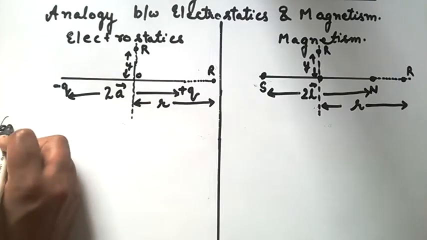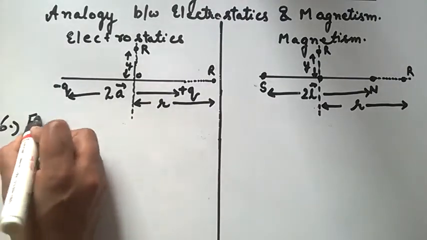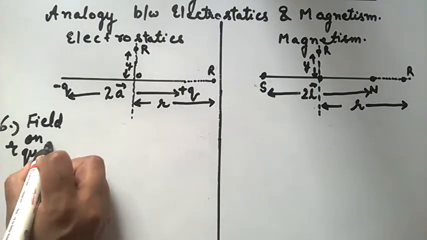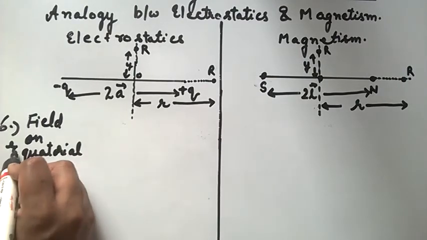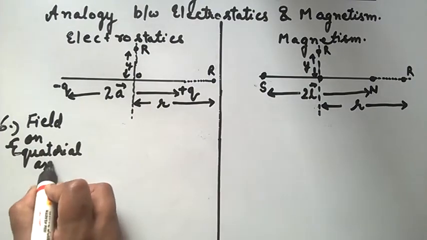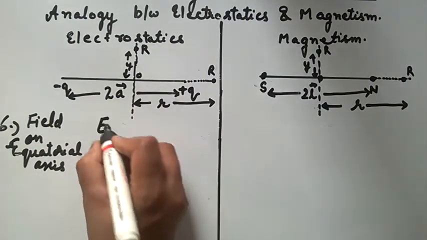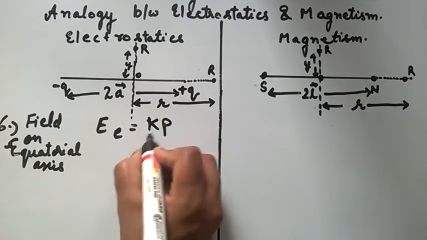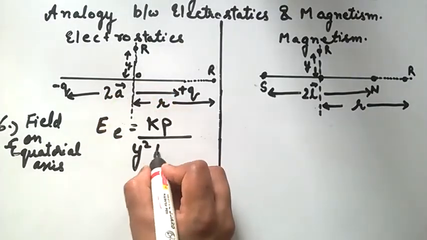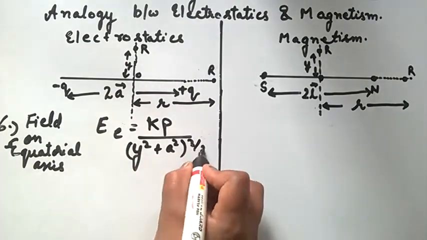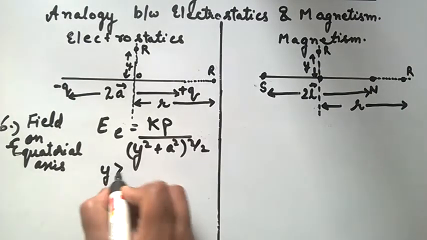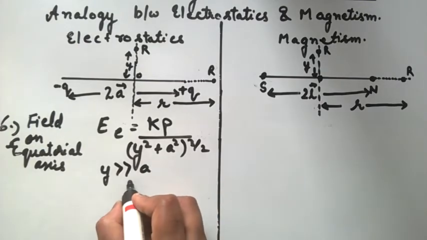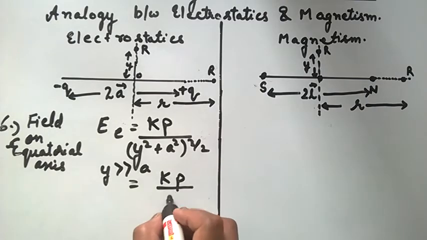Next point is field on equatorial axis. Electric field E equatorial is given as kp by y square plus a square whole power 3 by 2, and if y is greater than a, then a can be neglected and it is equal to kp by y cube.